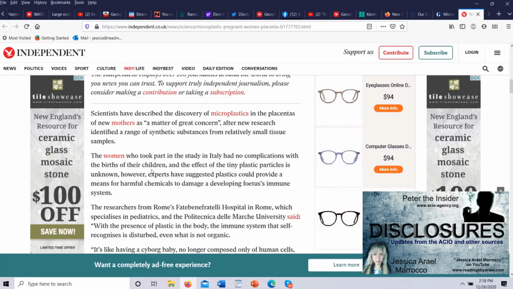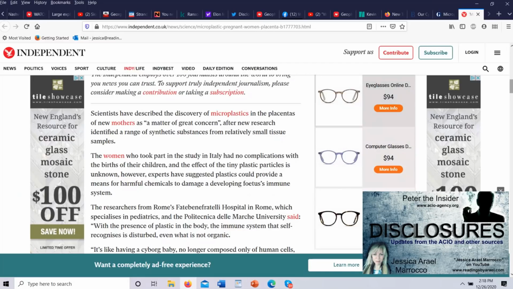They just said that the women who took part in the study in Italy had no complications with the births of their children, and the effect of the tiny plastic particles is unknown. However, experts have suggested plastics could provide a means for harmful chemicals to damage a developing fetus's immune system.